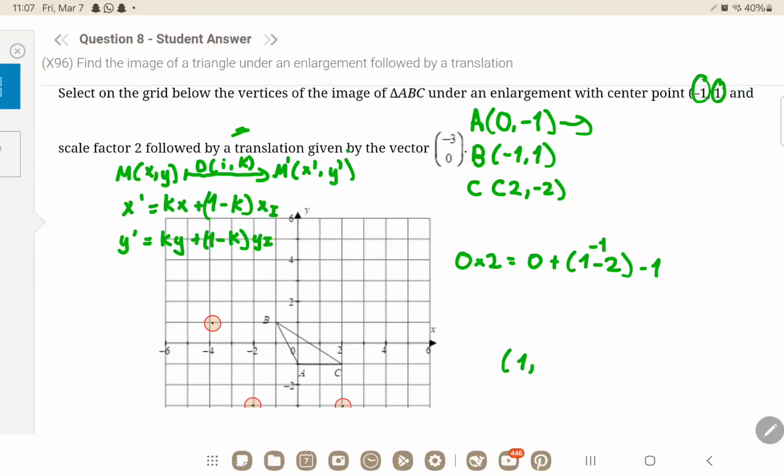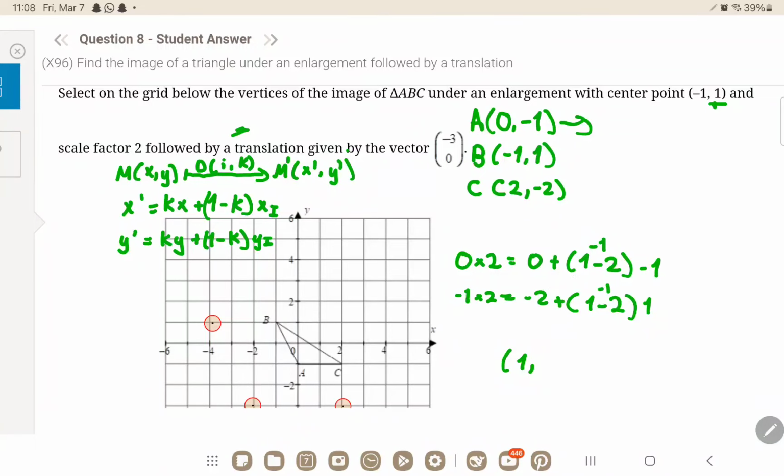Now y would be, so negative 1 times 2 would be negative 2 plus negative 1, sorry, it's negative 1 times 1, because look, this is our y, so it would be plus negative 1, because this would be 1 minus 2 into 1, which is negative 1 into 1, which is negative 1.